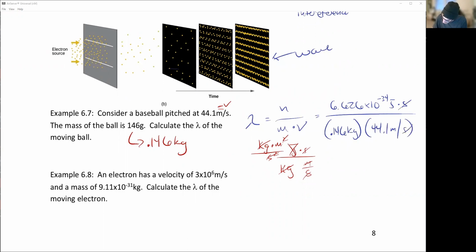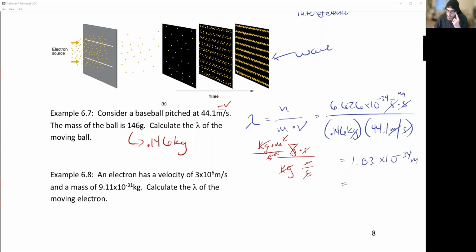Again, seconds cancel, kilograms and meters cancel, leaving just meters. You should end up with, if I did my calculations correctly, and I did, 1.03 times 10 to the negative 34 meters. But that number doesn't really make sense to us at all.